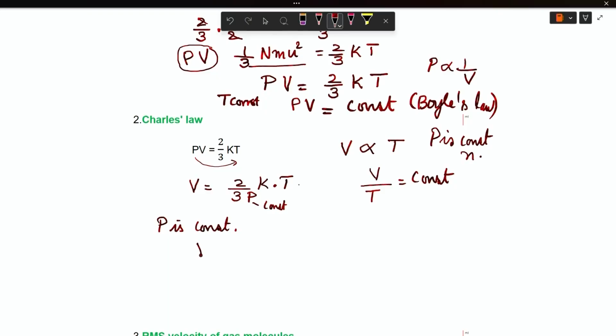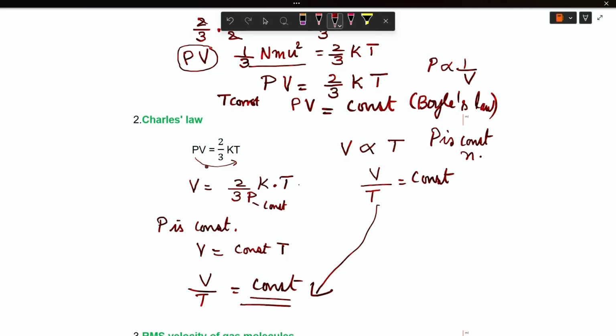So, you can say that V is equal to a constant into T, or taking T to this side, V by T is equal to a constant. That is again Charles' law.